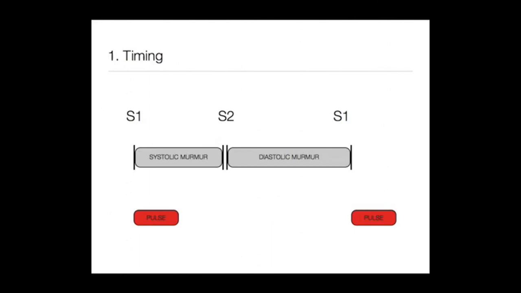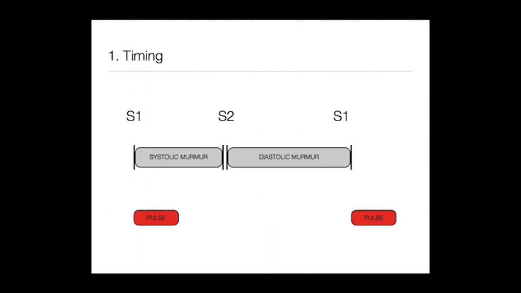As we've already mentioned, you cannot reliably tell S1 from S2 without palpating a central pulse, so always ensure that you do not hold your stethoscope to a patient's precordium without first making sure that you've located and are palpating the pulse. Remember that the pulse you feel coincides approximately with S1, so any murmurs that you hear occurring just after you feel the pulse and before you hear S2 are systolic murmurs.